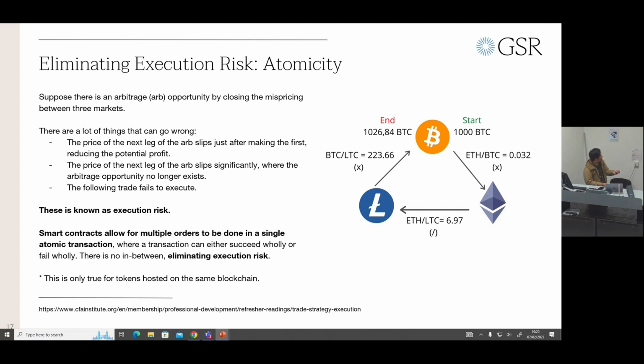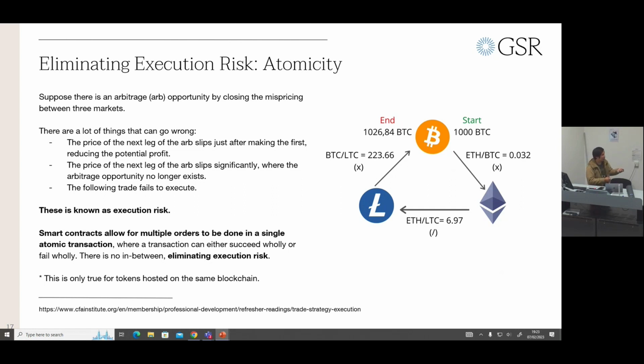Now, when it comes to thinking about execution on-chain, because we have a smart contract that allows us to do execution one after another, we can actually have transactions do multiple orders for us. What they can do is bundle, let's say, this ETH BTC trade with this ETH LTC Litecoin trade, as well as this BTC LTC trade.